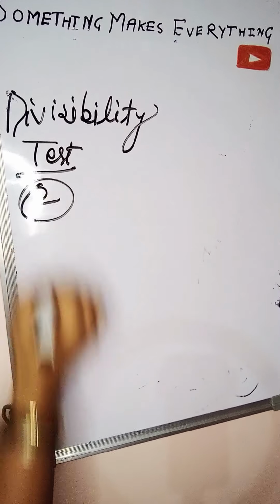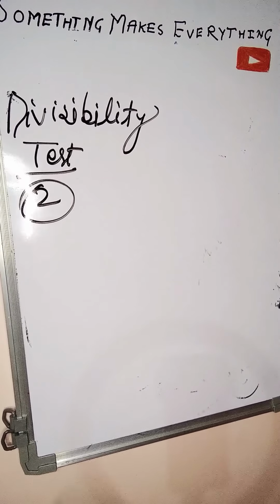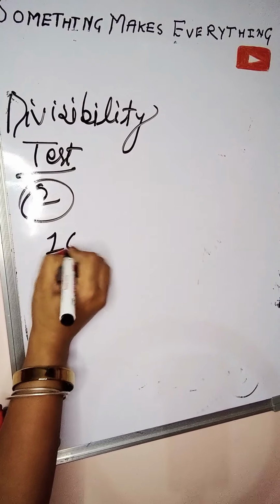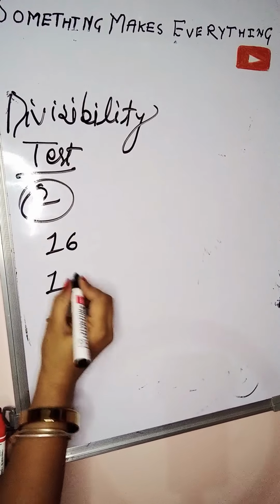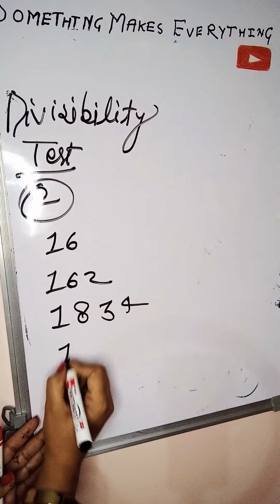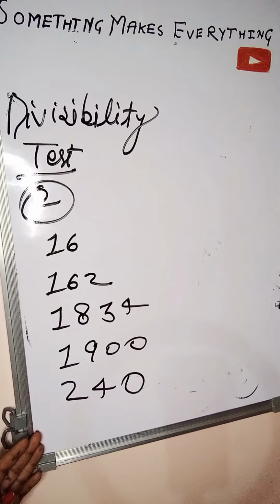First of all, I will take the number 2. So all the even numbers, as we all know, they are completely divisible by 2. Suppose we have 6, 16, 162, 18, 34, 190, 2240.